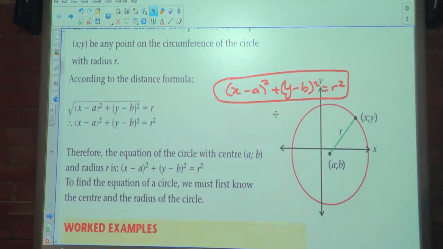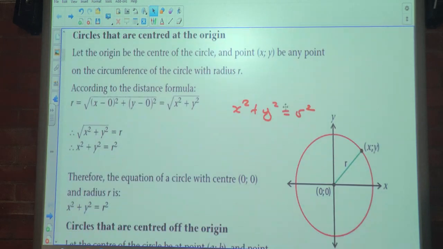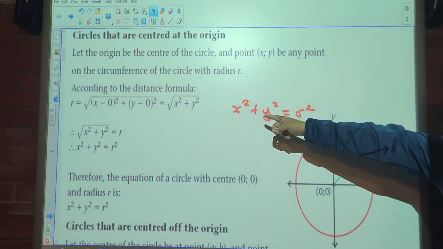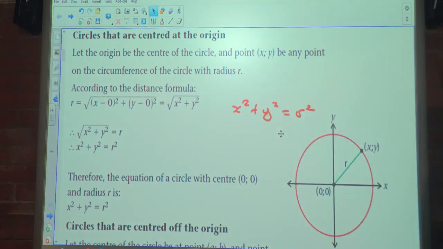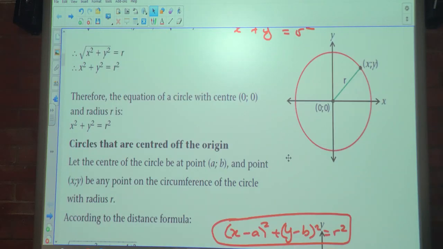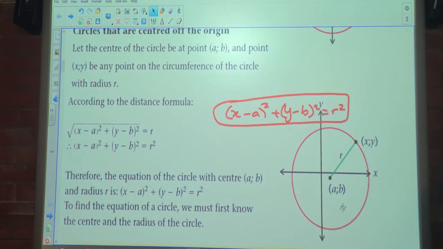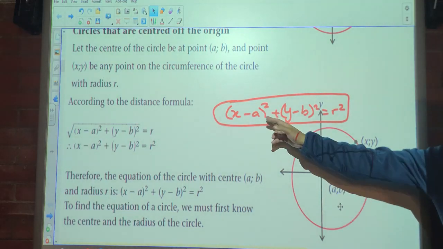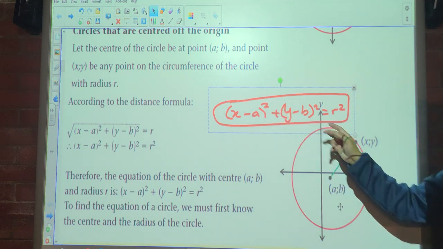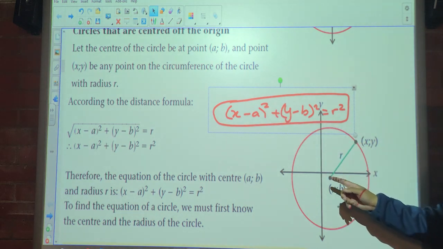Okay, so we see at this point that the equation of the circle with the center at the origin follows the formula x squared plus y squared is equal to r squared. For a circle with the center not at the origin, where the center is considered as (a, b), the formula is (x minus a) squared plus (y minus b) squared equals r squared.